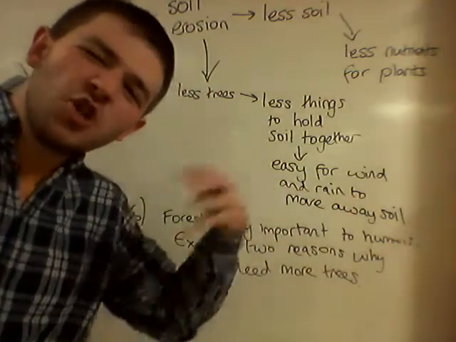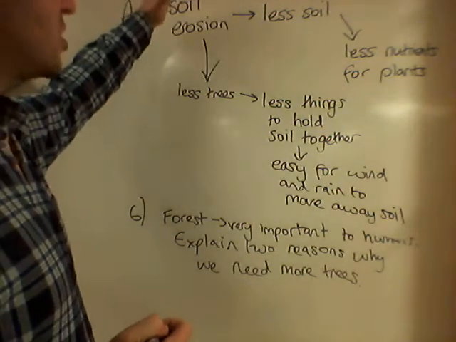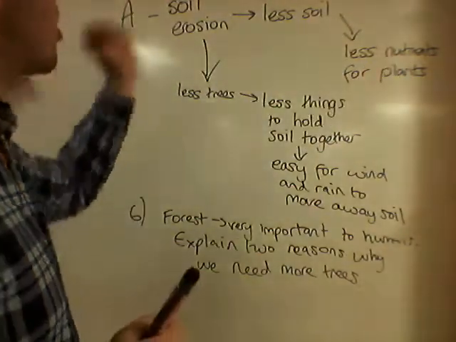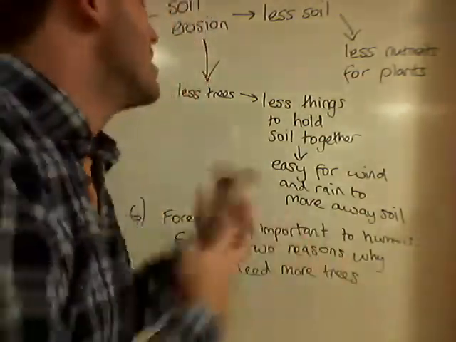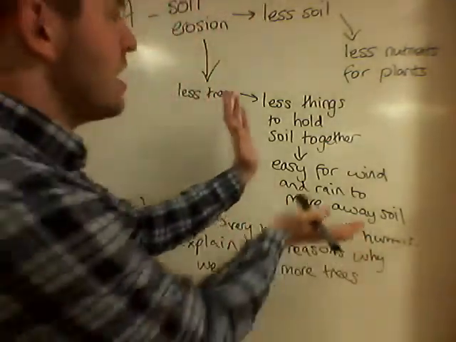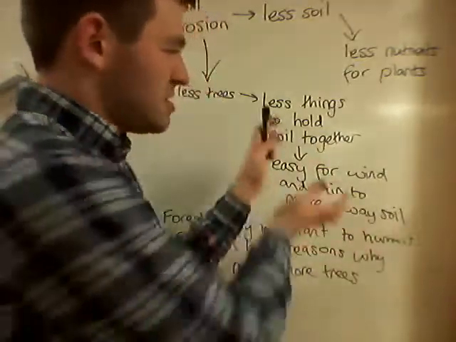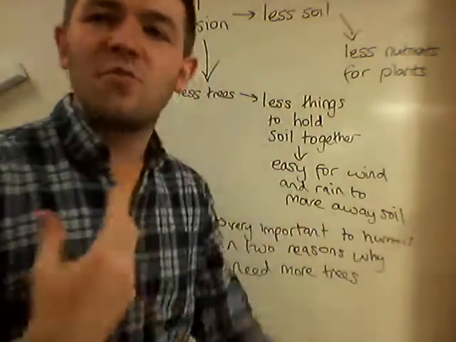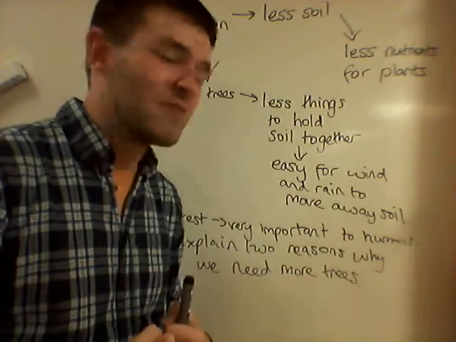Again, it's this new idea of science knowledge. With less trees, there's less things in the soil to hold it together, so it's easier for wind and rain to move the soil. Again, this here is talking about friction and things being in the way. This is a whole different part of science, but you've put it into your question. That's my A-level thinking. That's what I'm looking for.